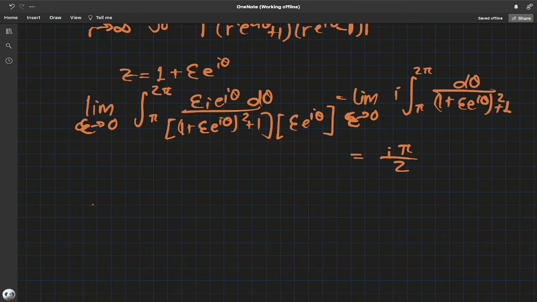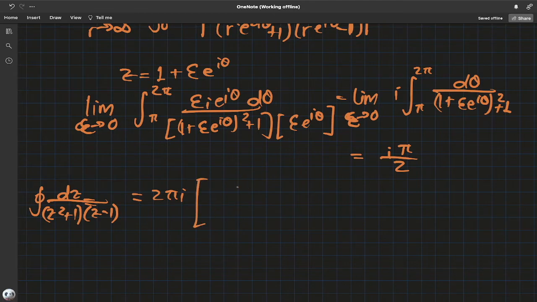That contour integral of dz over (z squared plus 1)(z minus 1) is now going to be 2 pi i times the sum of residues. I've skipped some steps. Calculations are easy, they're simple poles, you can do it. 2 pi i times (the residue at i, plus the residue at 1, which is 1/2).